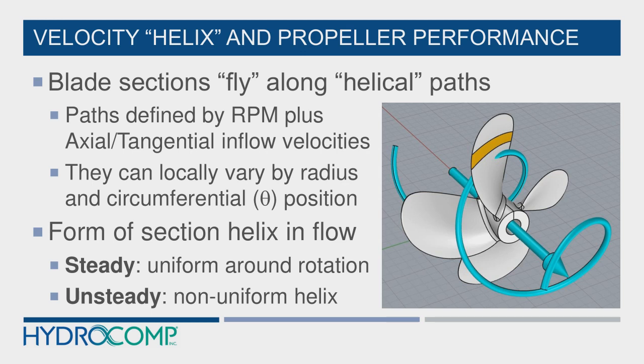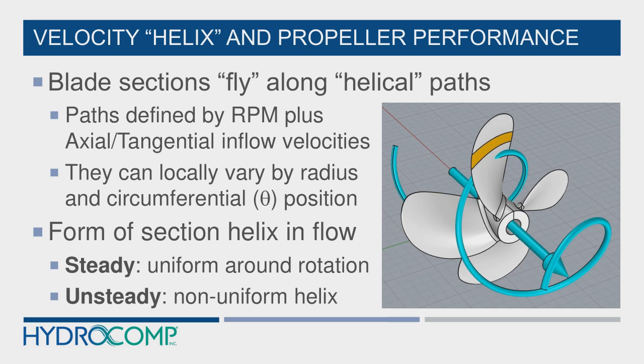You'll see that used herein. So what we have is a format, a structure for describing the path of the propeller blade section as it flies along this particular helix.